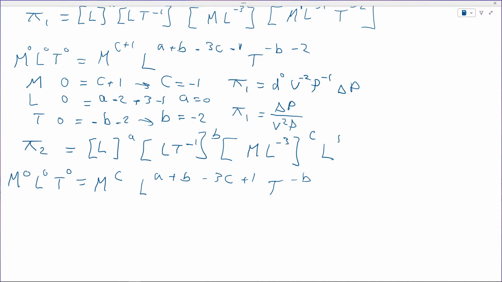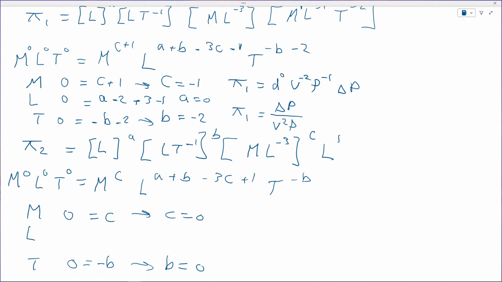You can already see it has started to appear. If you look at M, you have 0 is equal to C. If you look at T here, you have 0 is equal to minus B. So C is equal to 0, and here you get B is equal to 0. That's exactly what we expected, and we only expect length. And guess what A will be equal to?